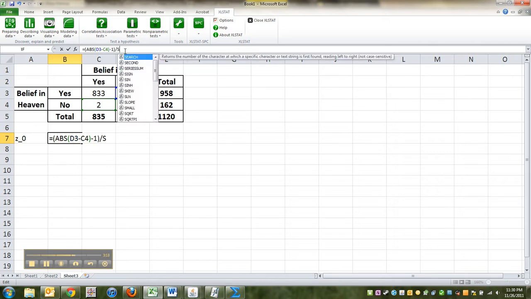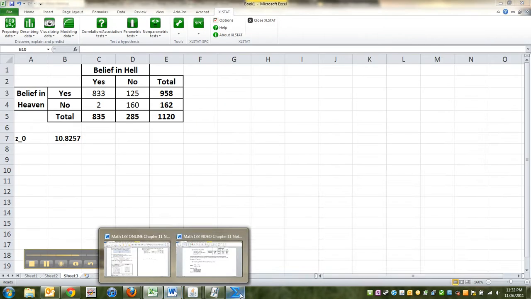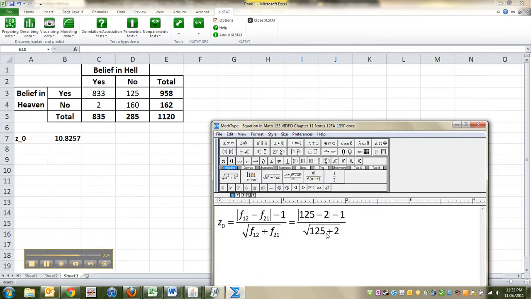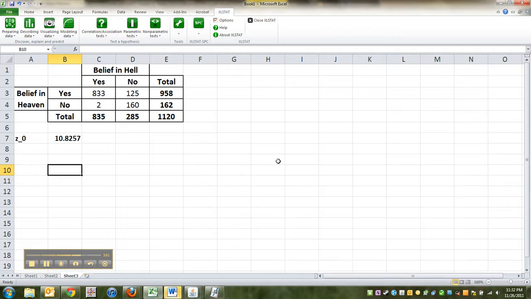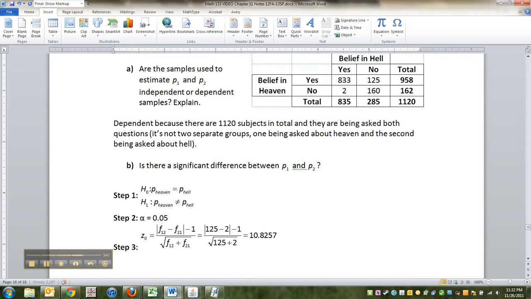Divided by SQRT, parentheses, and again, that number plus that other number. Close parentheses, enter. So we have the test statistic right here. Let me go back and type that in. It's equal to 10.82. I mean, that is huge. That is a very large test statistic, which suggests there's a difference in the proportions here. All right, but we'll figure that out in a second.